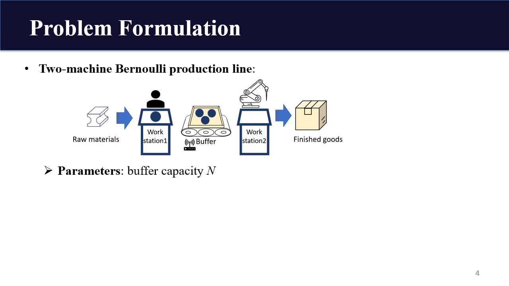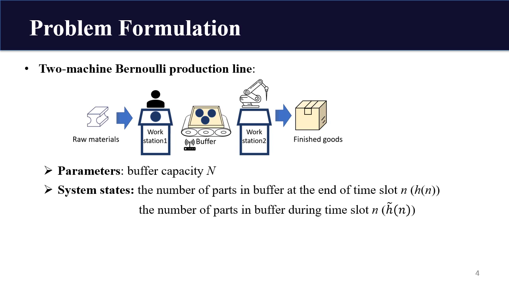We assume that a sensor is placed at the buffer to monitor its occupancy data, Hn, the number of parts in buffer at the end of time slot n, and Hn tilde, the number of parts in buffer during time slot n. In practice, this can be realized using various sensing technologies, such as photoelectric sensors, wave sensors, camera sensors. In future work, we will study the cases where other system information is available.